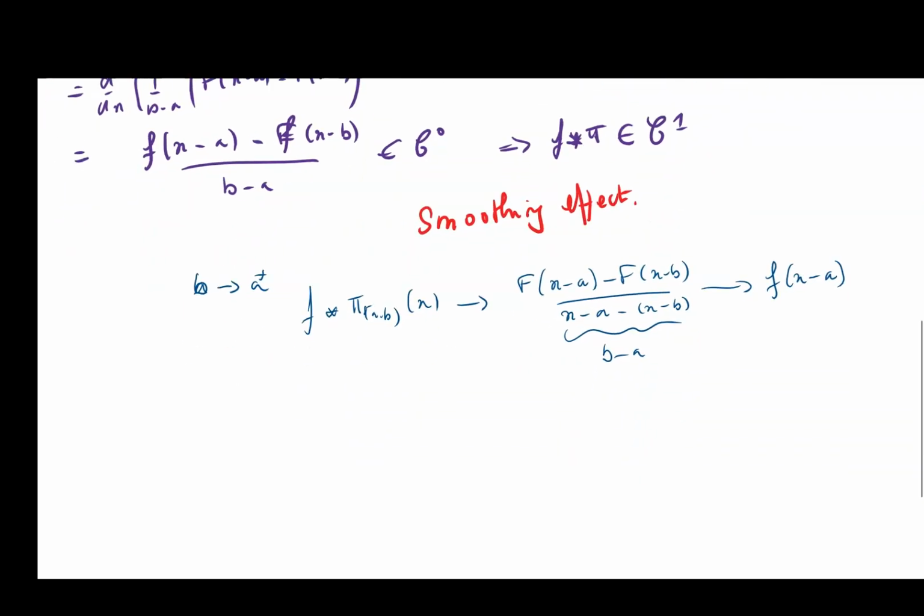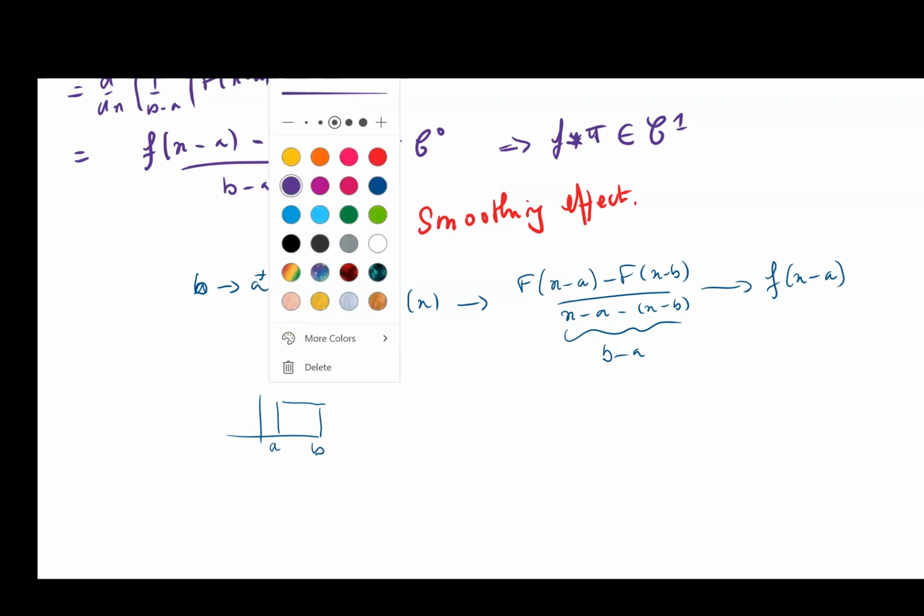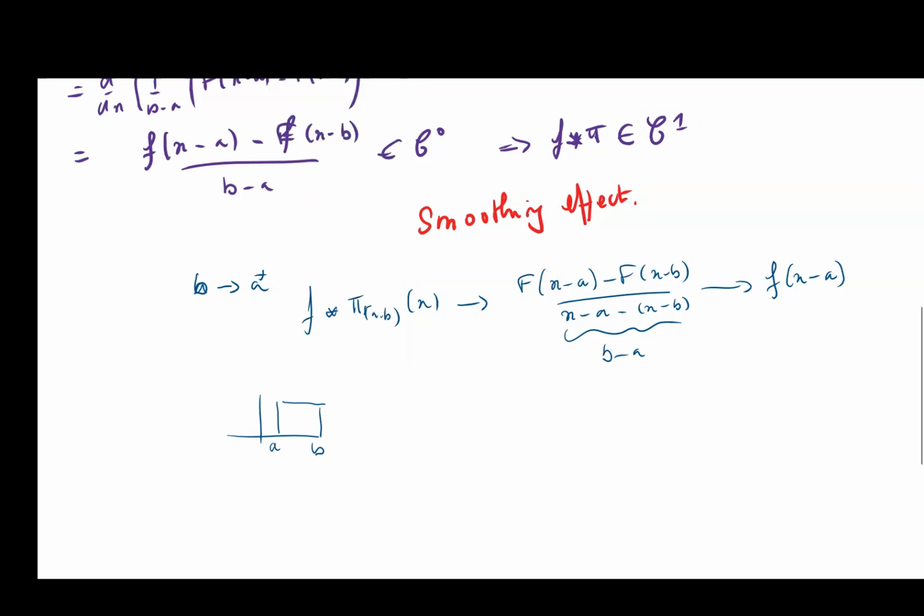And we may wonder what this function pi looks like when b tends to a plus. Well, let's say it begins like this. If you've got a and b, and you want to keep the same area, but b tends to a, you're going to have something bigger and even bigger and so on.